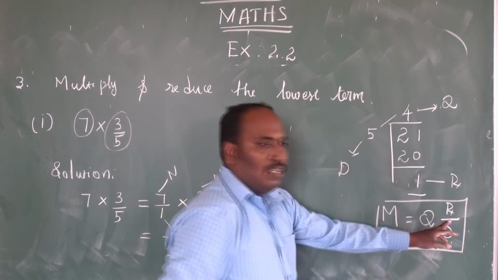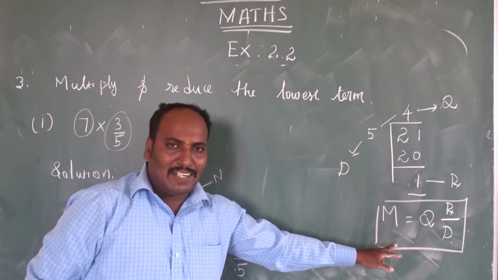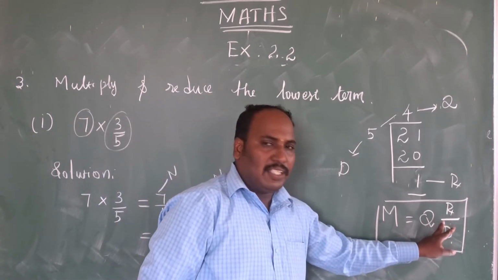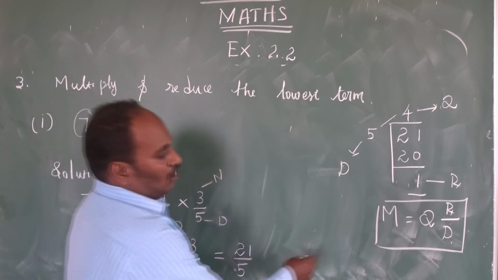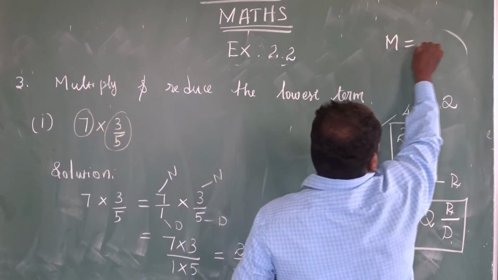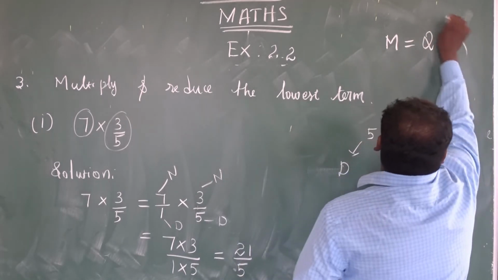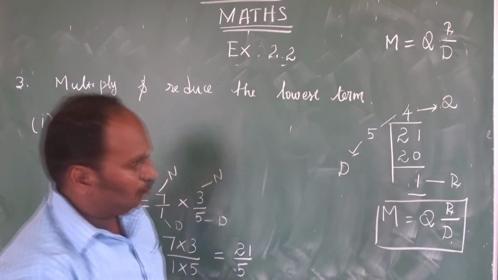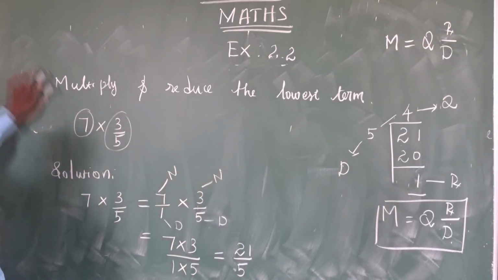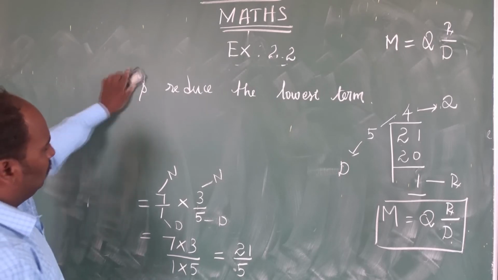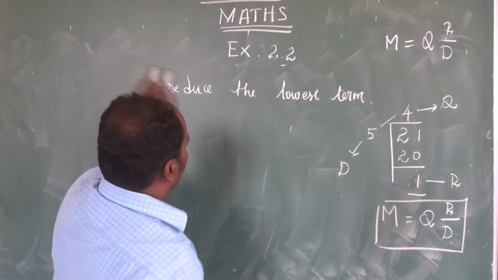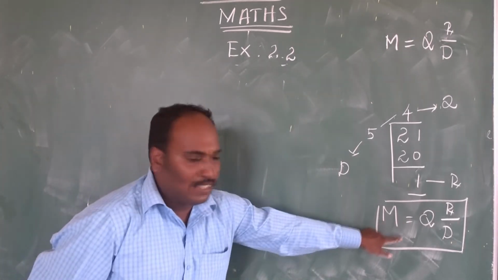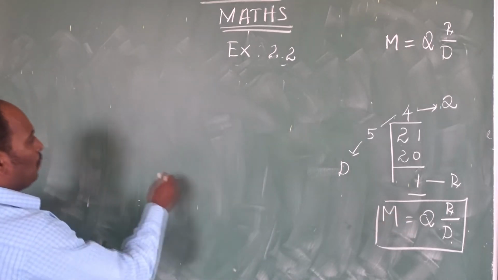So mixed fraction M is equal to Q into R by D. So our mixed fraction is M is equal to Q into R by D.